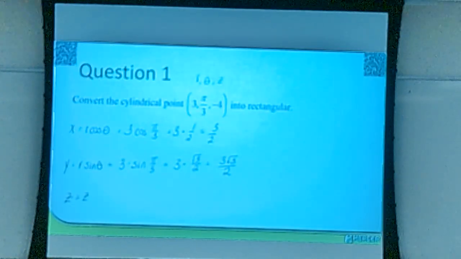Z equals Z. So in cylindrical, your Z coordinate doesn't change. Let's say this is a piece of R to represent rectangular.